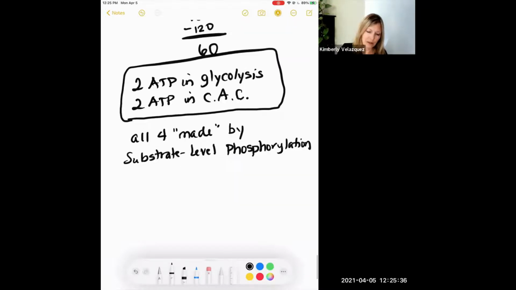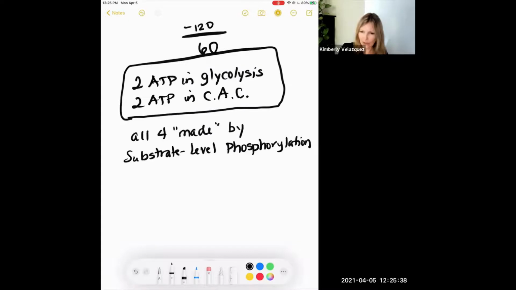Let's break this down. Substrate level. Think back to enzymes. Remember that an enzyme has a very specific shape. And I'm just going to draw a pretend shape here.